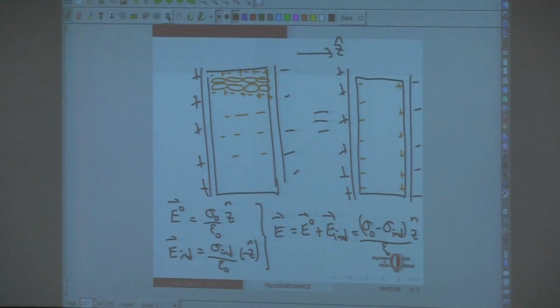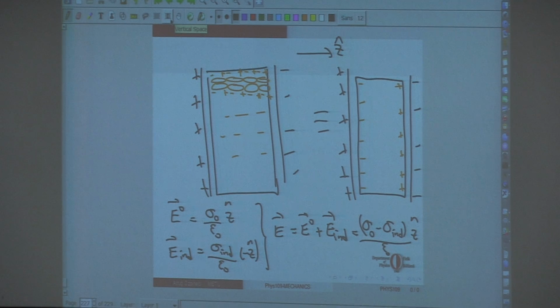Sure. You have the average over the dipole moment. Here I just assumed that the atoms don't have their own dipole. But in practice, when you look at molecules like carbon dioxide, most molecules have their own polarity. They are dipoles. They are not neutral atoms.